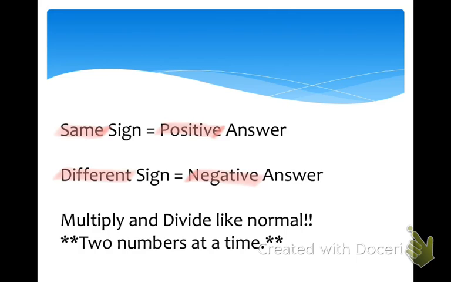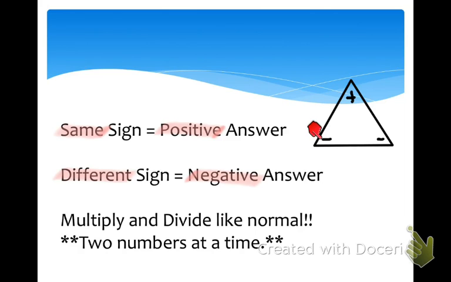So I like to use this triangle to help me with this. If I have a positive times a positive, that's the times tables you've been doing your entire school career. 3 times 3 is 9, okay? But what if I had negative 3 times negative 9?